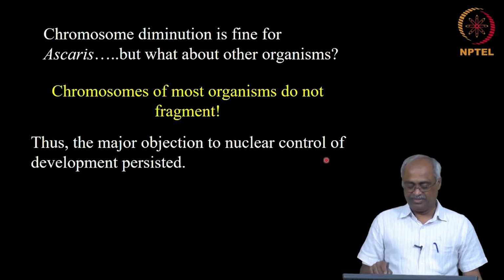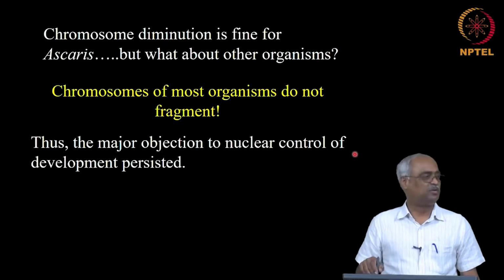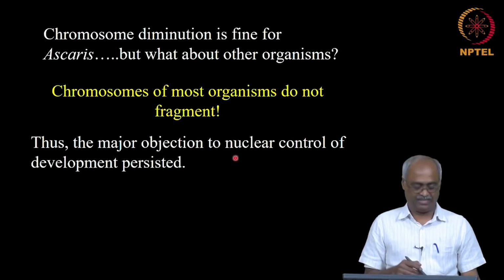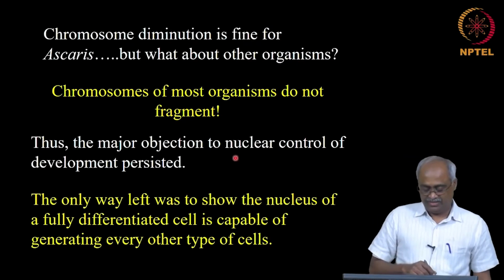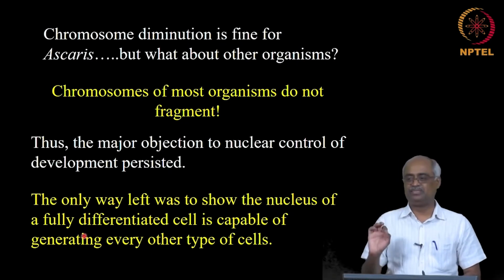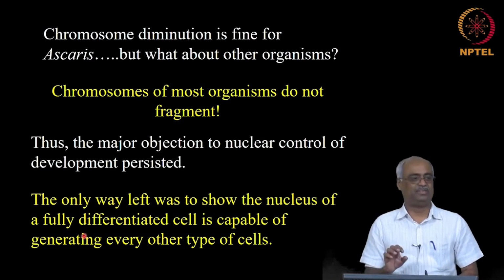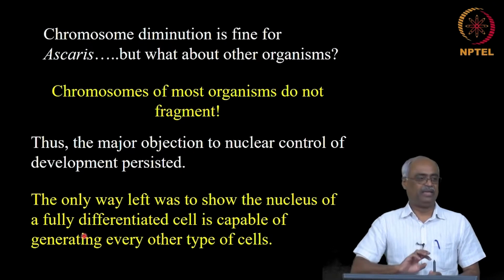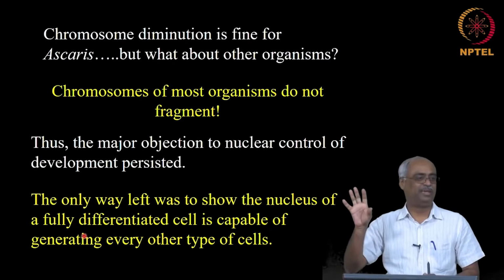Therefore, the objection for nuclear control of development persisted. People still thought that the nucleus may not be everything, meaning chromosomes may not be everything, and cytoplasm probably still is the key. The only way to address this is to take the nucleus of a fully differentiated somatic cell and show that it can direct an egg into a fully developed embryo.